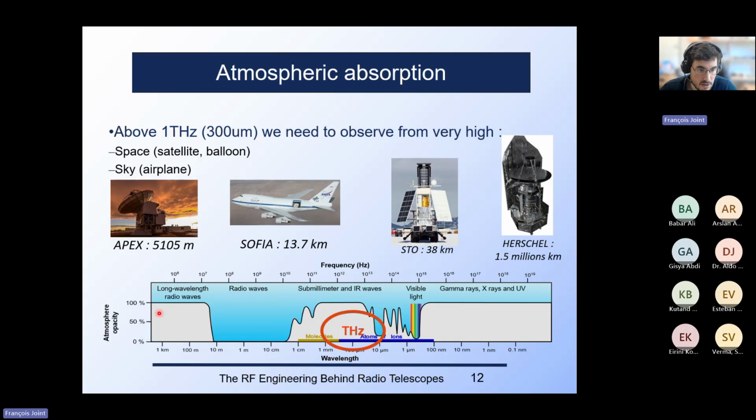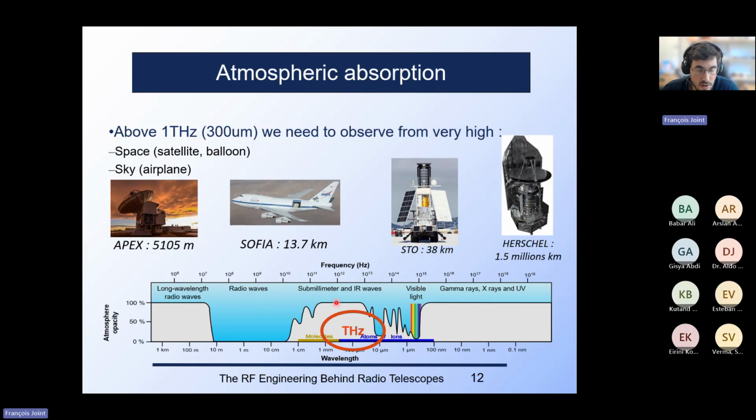So you see that in the millimeter wave and the sub-millimeter wave, so in this terahertz region, the sky is more or less opaque. And that's why we need to choose our site where to observe. If you use the APEX telescope or the ALMA telescope in Chile, at a very high altitude where the sky is quite dry, with low precipitation, in this range you have openings where you can observe without having the penalty of the atmosphere transmission.